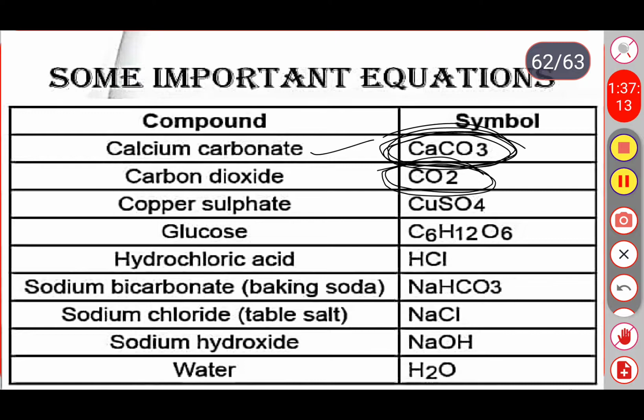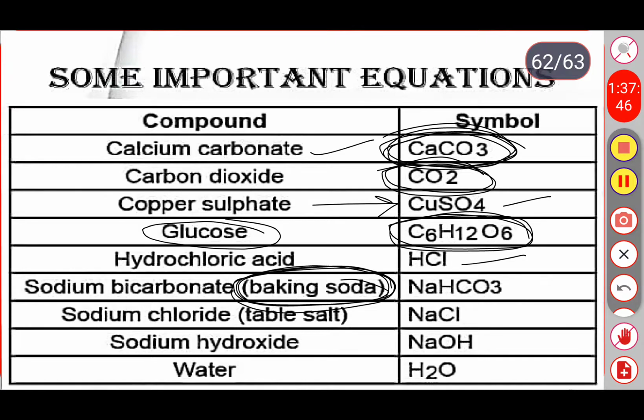Next one, hydrochloric acid. Hydrochloric acid means HCl. Sodium bicarbonate is also called baking soda. What is the molecular formula of baking soda? NaHCO3. Sodium chloride. Table salt, what we commonly use as salt, is nothing but sodium chloride, and its molecular formula is NaCl.